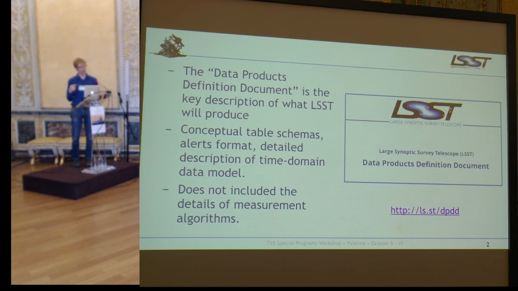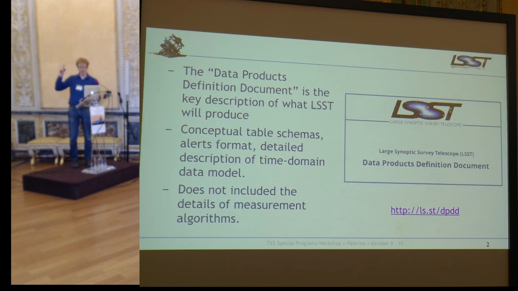This doesn't necessarily go into the details of how one does a specific measurement. It's not telling you how to do PSF photometry or how to measure centroids of sources. It's saying that we will definitely measure PSF photometry, and we'll definitely measure aperture photometry in these particular contexts, so we can then fill in the details on exactly what those measurements are at a later time.